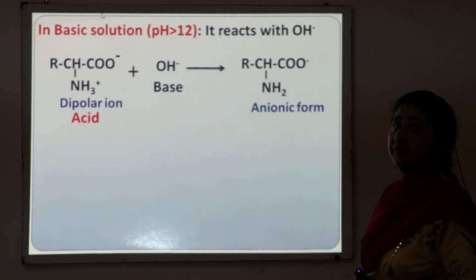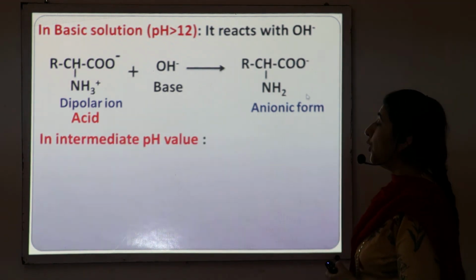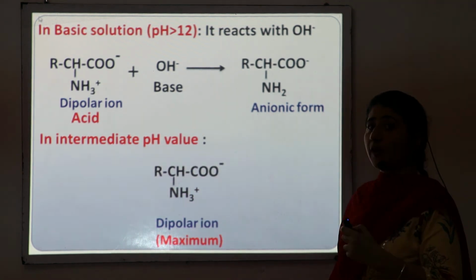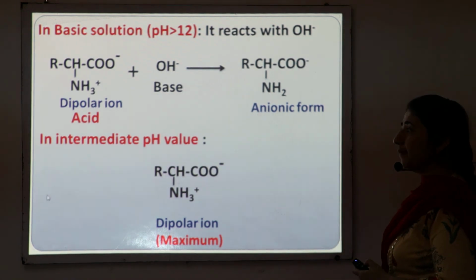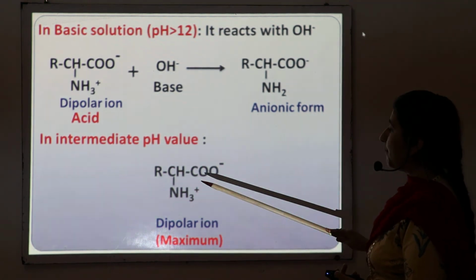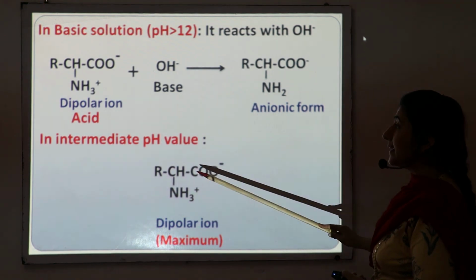So what will happen when we dissolve the amino acid in an intermediate pH value, whose value lies between 1 to 12? In this case, the amino acid exists as a dipolar ion.